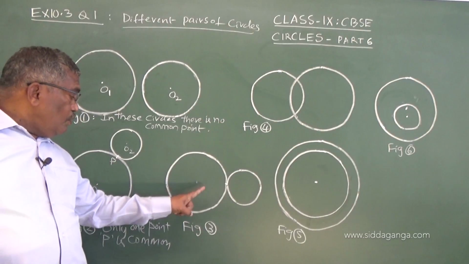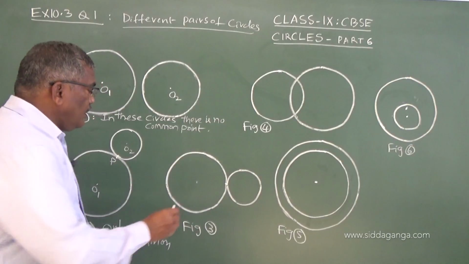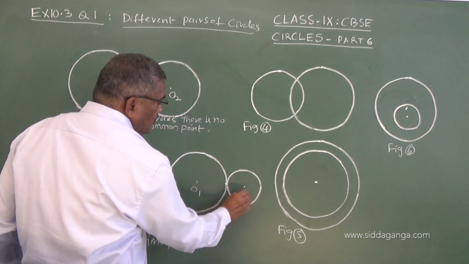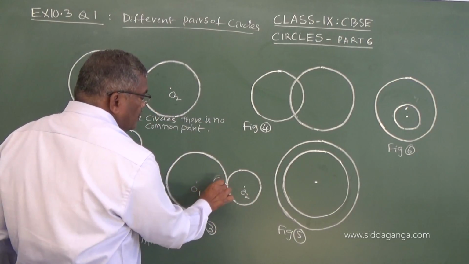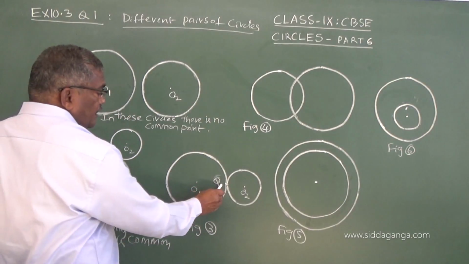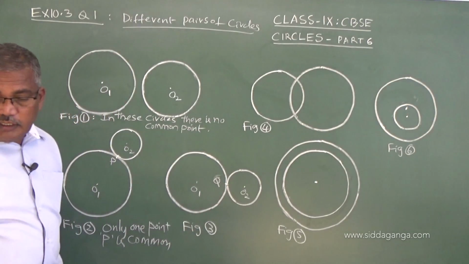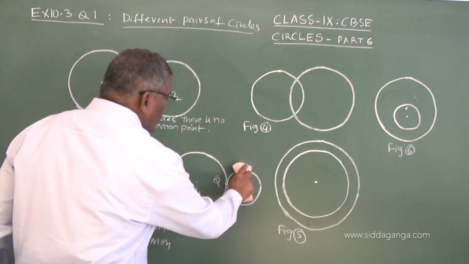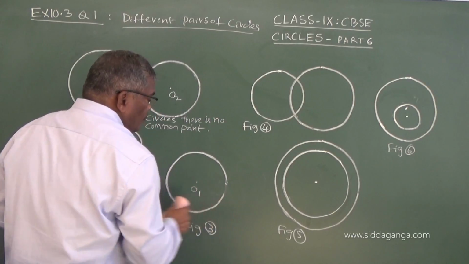Now come to figure 3. In figure 3 also you can see this is the circle with center O1 and this is center O2, and this is point Q. Here I will change this figure to inside, since both were outside. So I can draw it this way also.